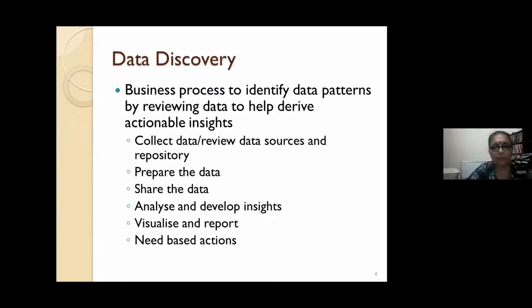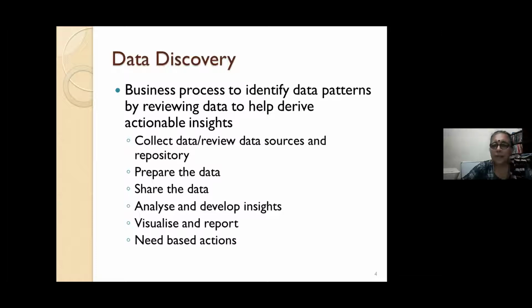Now, what is data discovery? It is a business process put in place to identify data patterns by reviewing the data to help produce actionable insights. What does it mean? Say, in a scenario, as I said, from an HR data perspective, there are various customers' data available with this payroll service provider as an example.